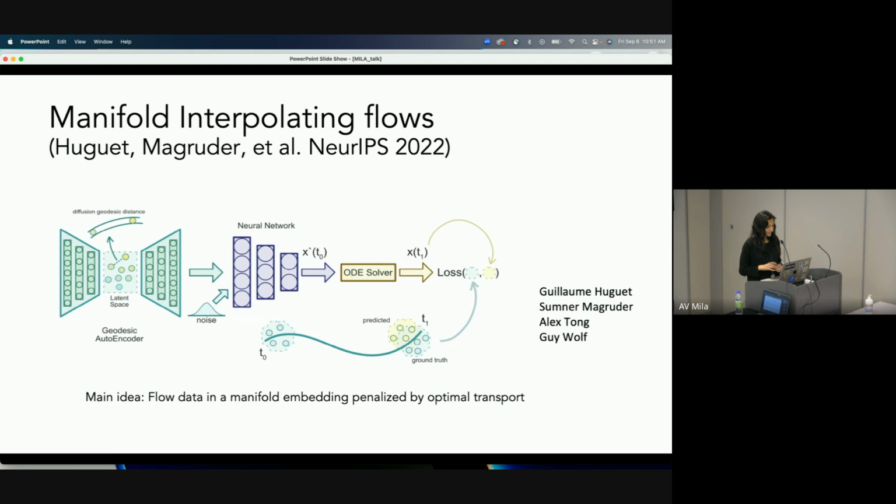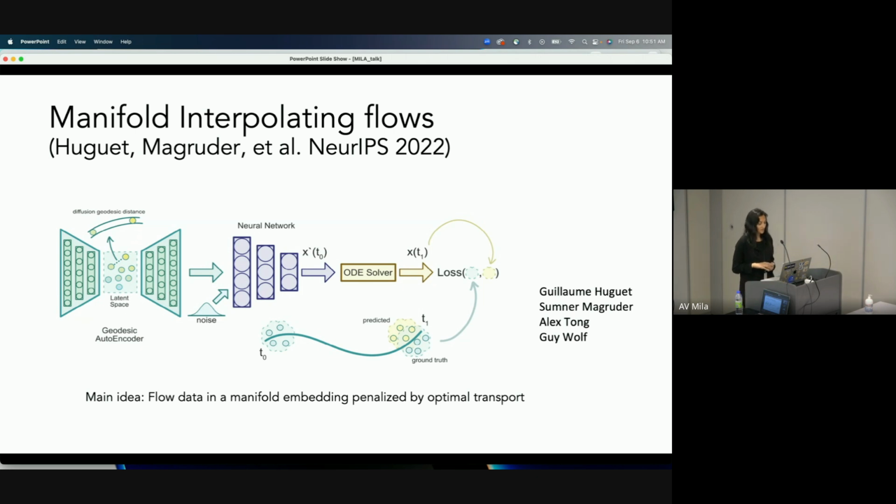So the work that I'm first going to talk to you about is a paper called MIOFlow, which some people in this room were also involved in developing. And MIOFlow was published in a version in NeurIPS 2022, but we're continuing to work on it, so hopefully we'll come up with a journal version soon.